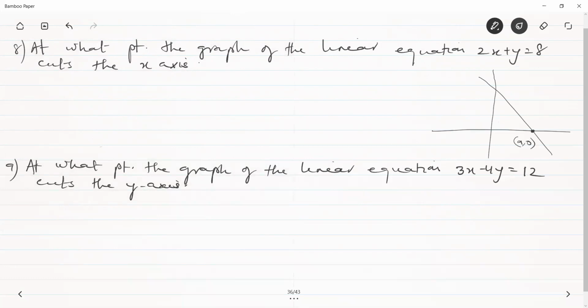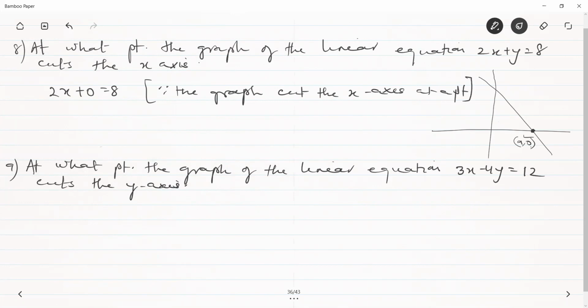So obviously your y coordinate should be 0 because it cuts the x-axis. At this point it cuts the x-axis, so the y coordinate should be 0. So what you can say is 2x plus 0 is equal to 8, since the graph cuts the x-axis at a point.